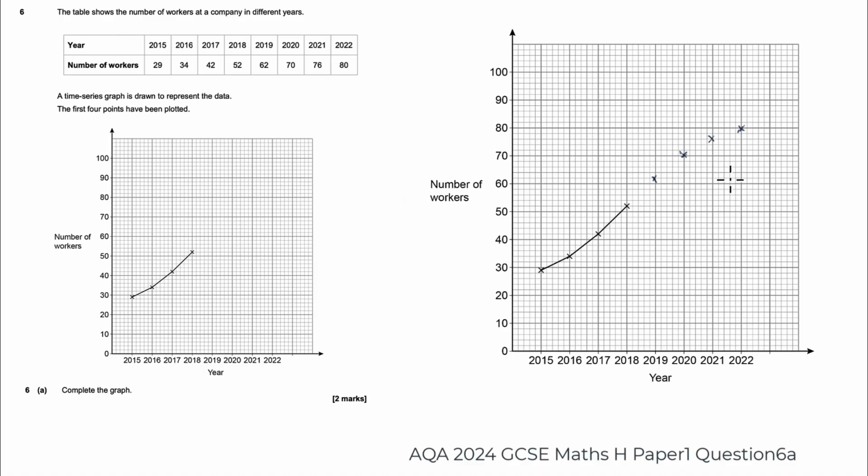So I've now got my crosses on there, and I'll use a ruler to join them up neatly with straight lines. Now you can see as I go from year to year that the increase in workers is getting slightly less year by year.